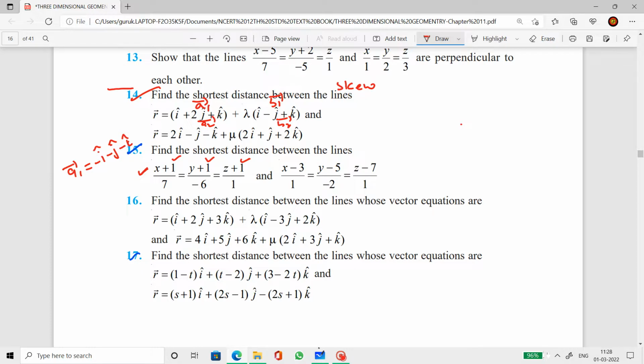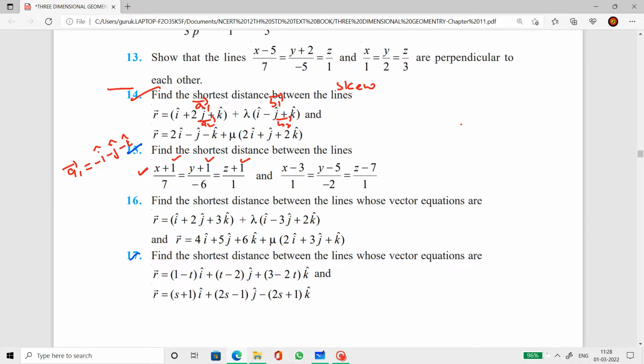When you convert vector to Cartesian form, I did show how to do that in my previous video, so see that and try to relate it. Never learn too many formulas. Just apply one formula, and try to change the question or take information from the question in order to apply it in that formula. So here a1 vector is minus i minus j minus k. b1 vector will be the direction vector, which is 7i minus 6j plus 1k, with a cap.